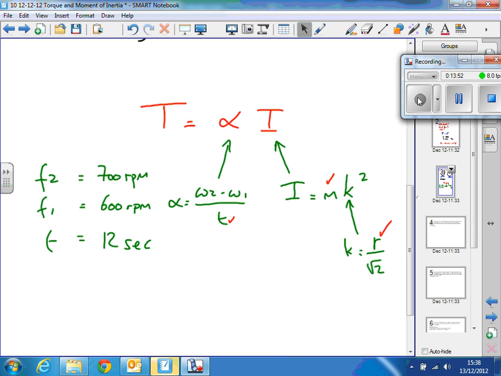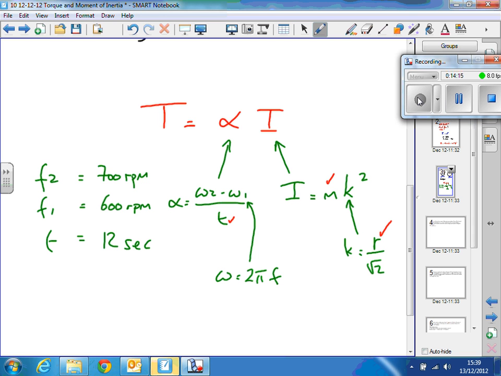What's the formula that relates omega 1 and omega 2 to frequency? Very familiar formula, I hope, that relates frequency and angular velocity: 2 pi f. So the frequency needs to be in hertz, which is revolutions per second.